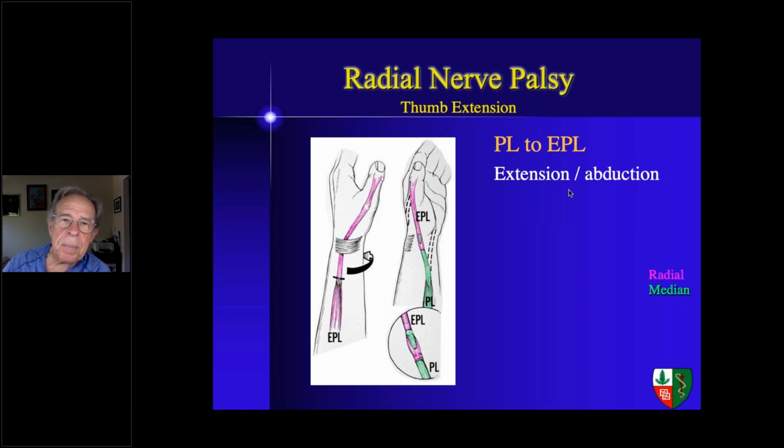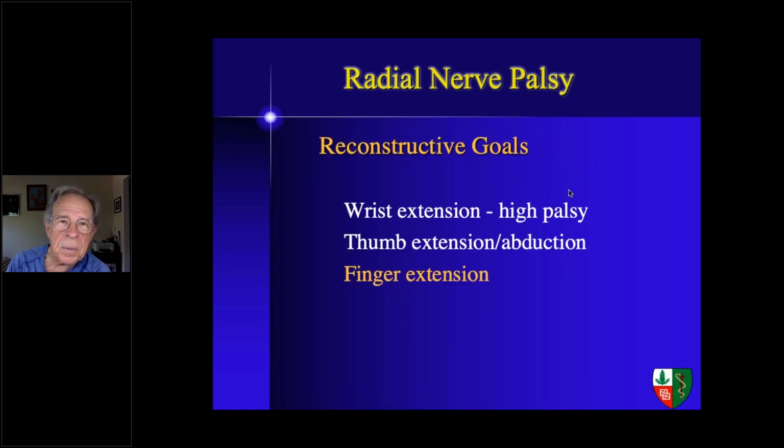And what you achieve is both extension and abduction. So you get some benefit of both of these vectors without necessarily having to do a transfer for thumb abduction. The patient has to accept some bowstringing of this transfer in order to achieve a good result.